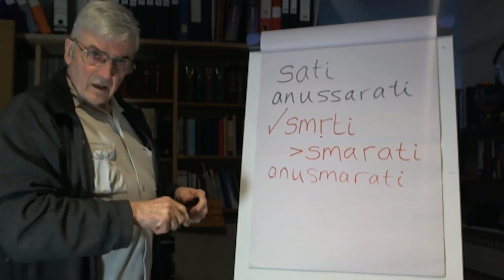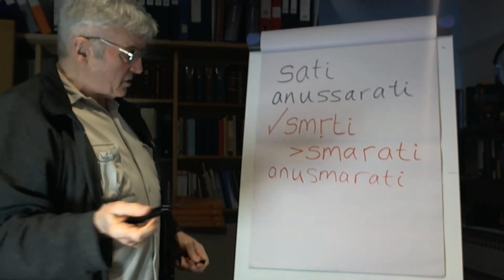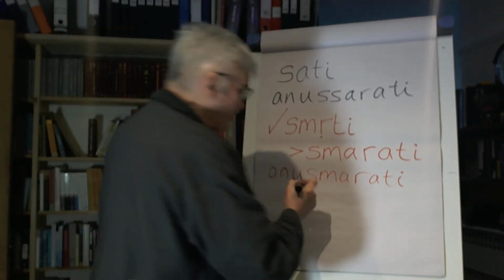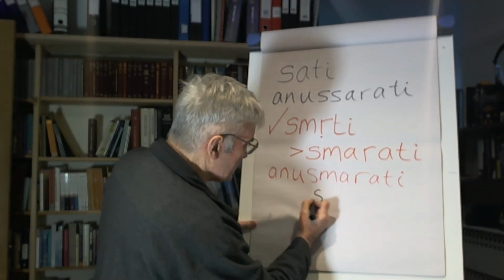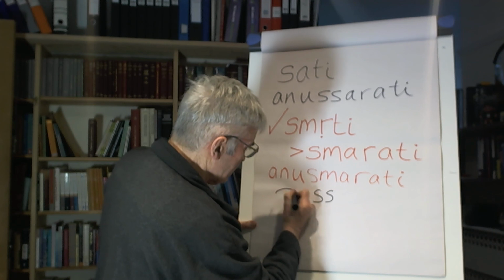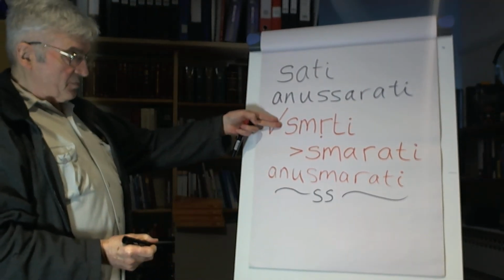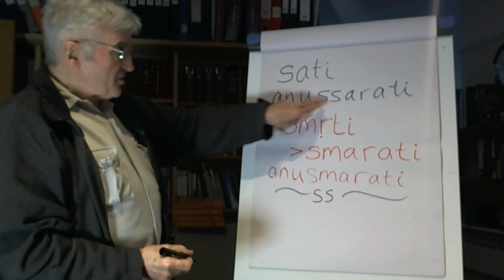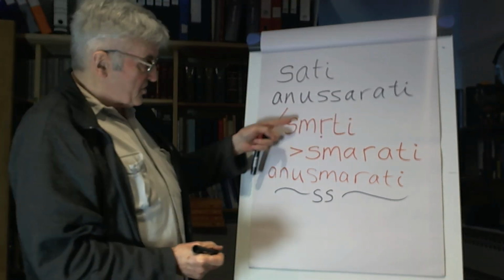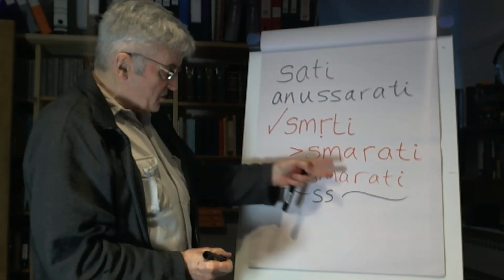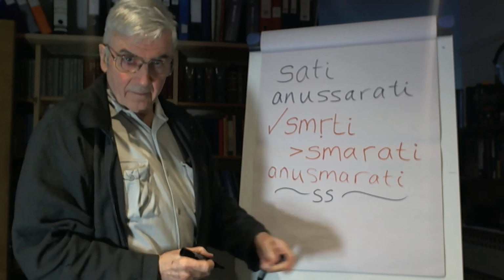And by, again, normal phonetic mutation between Sanskrit and Pali, the sma becomes just a double S. And hey presto, from our root smri, you now understand anusarati: smriti, smarati, anusmarati, anusarati.